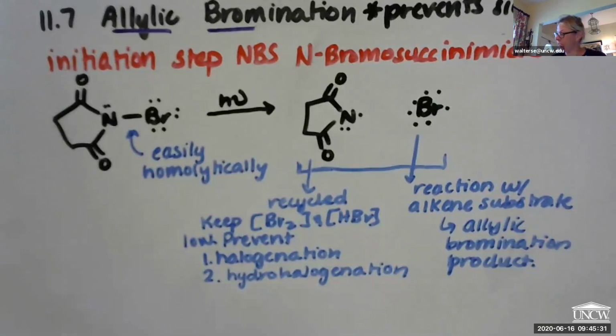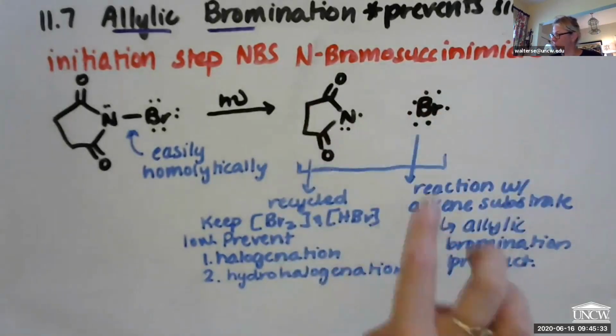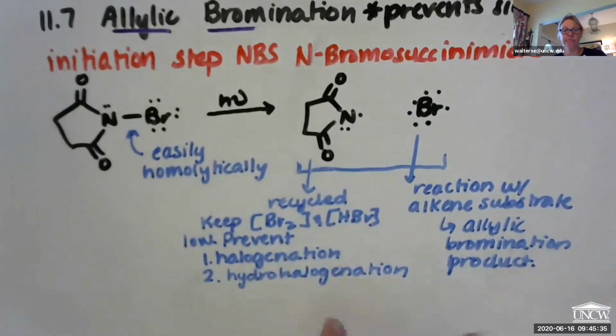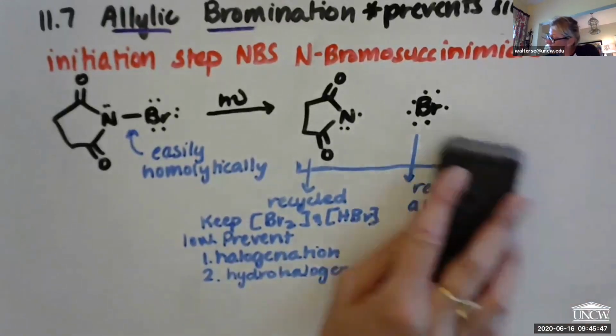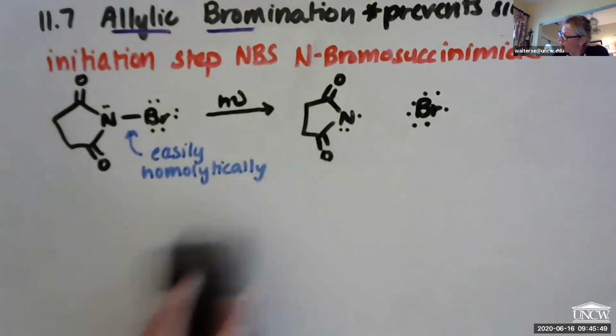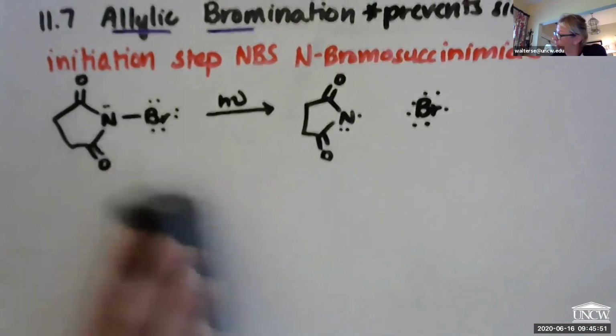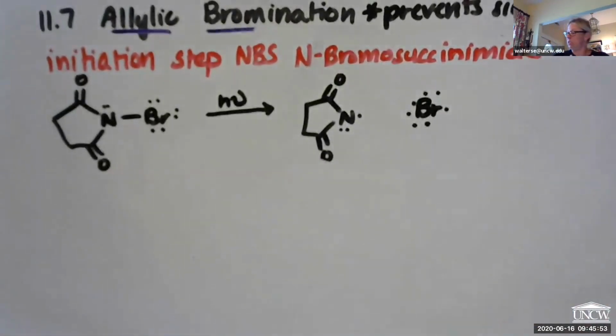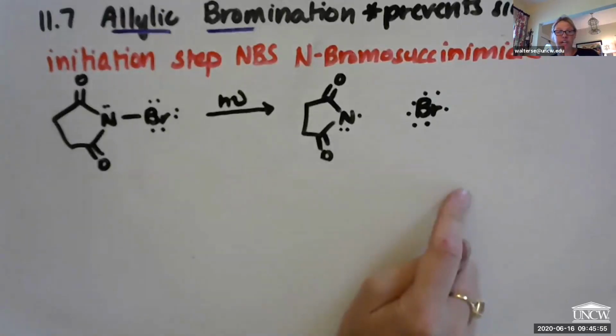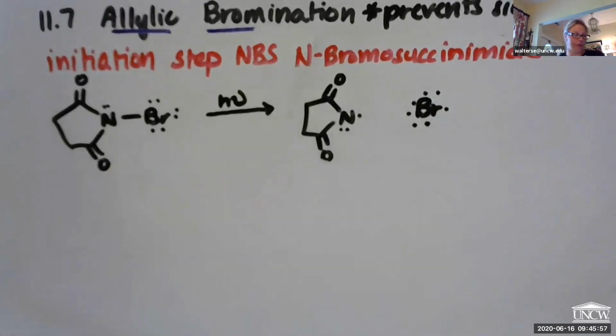So are there questions about these products and what we're going to do with them? Okay, so I'm just going to take this bit off so I have more room to write the next step. So we have our initiation step. We formed our bromine radical.